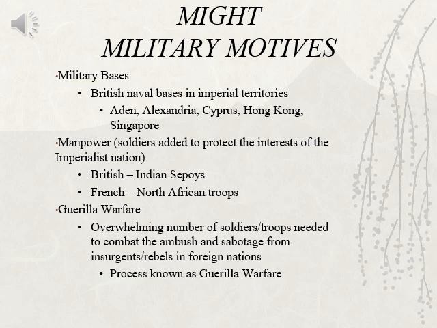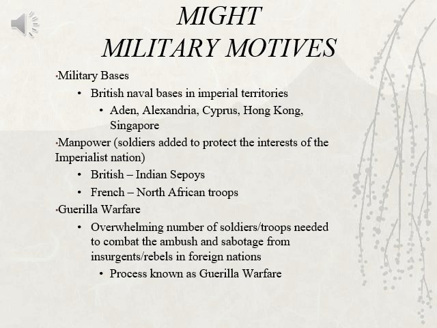The imperialist nations also wanted to add manpower, that is, adding soldiers to protect the interests of their nation. The British added the Indian sepoys. These were citizens and soldiers of the country of India fighting for the British protectorate. And the French added the North African troops of countries like Morocco.